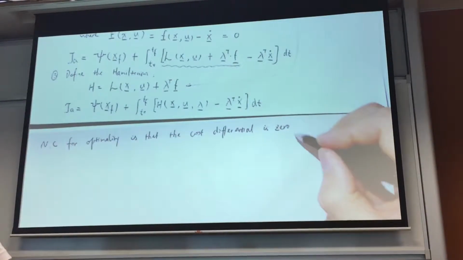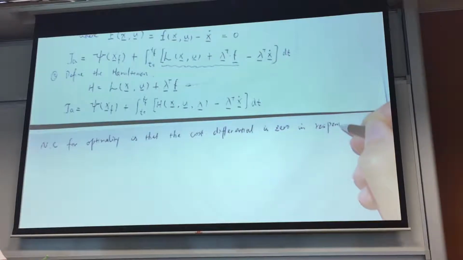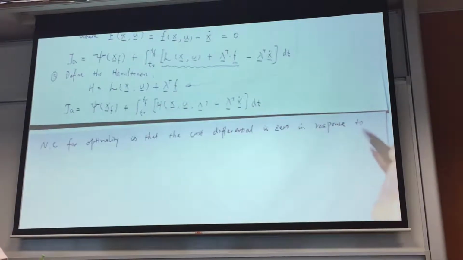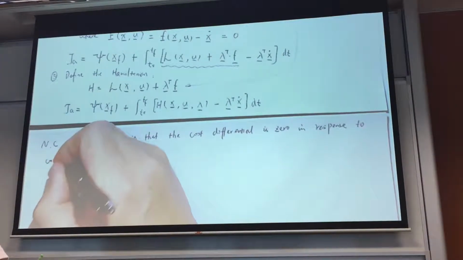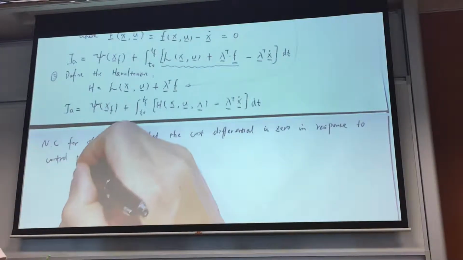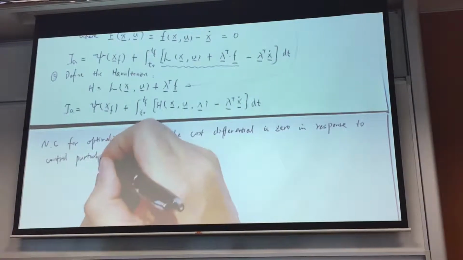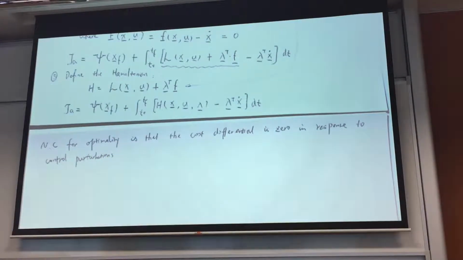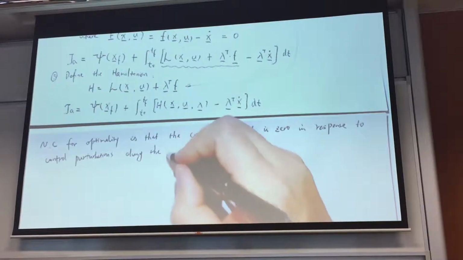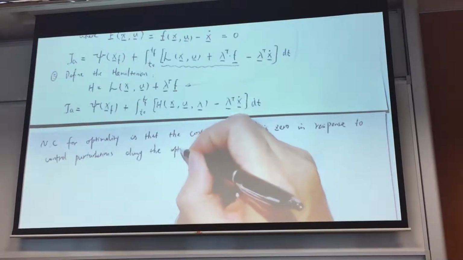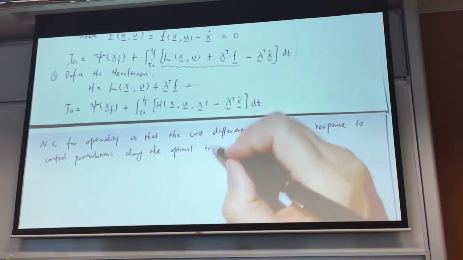The cost differential is zero in response to the control perturbations along the optimal trajectory.